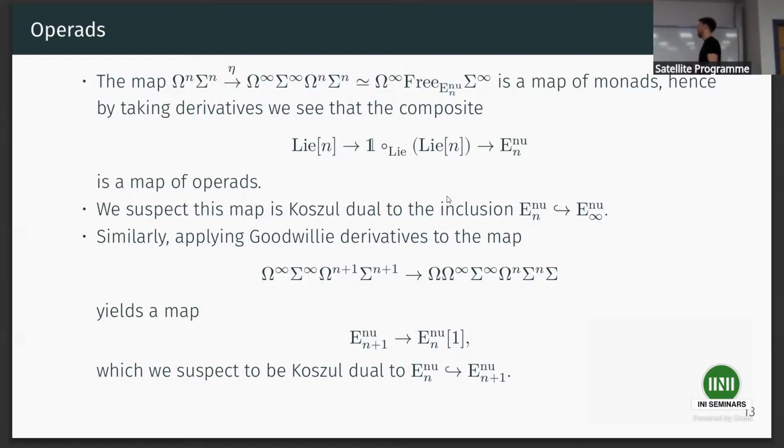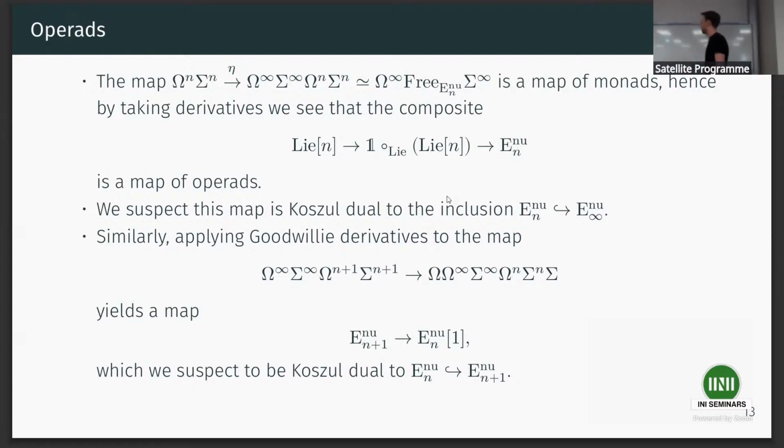And if you read May's Geometry of Iterated Loop Spaces very carefully, at some point he needs to compare En algebras with algebras over this monad here. And essentially, if you look very carefully at what he does there, he is actually secretly constructing the wrong-way map.